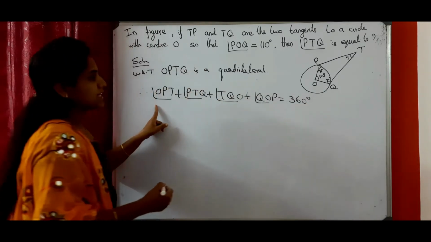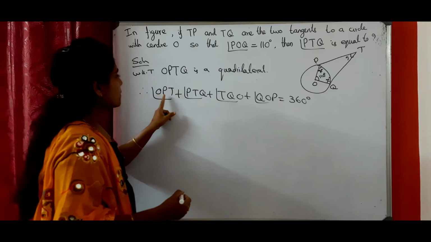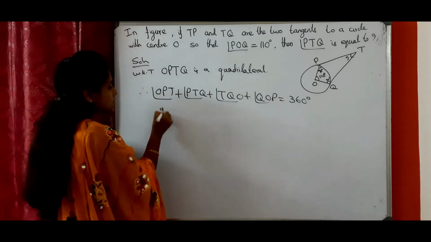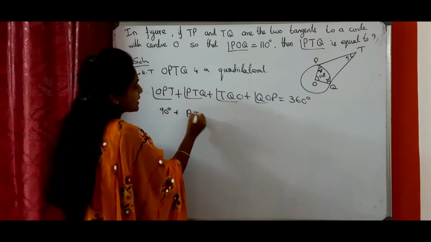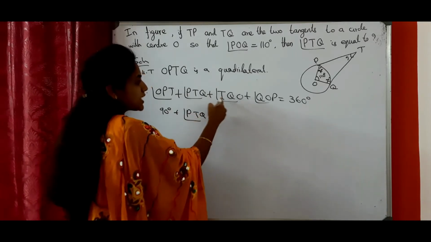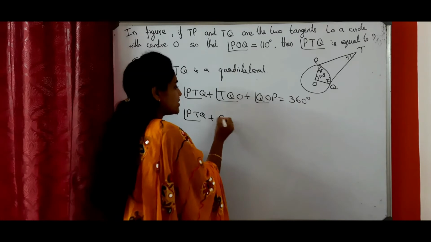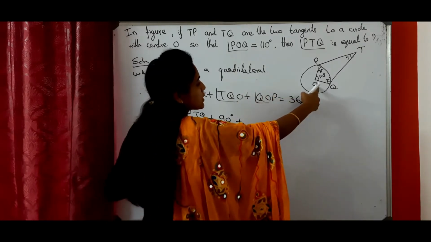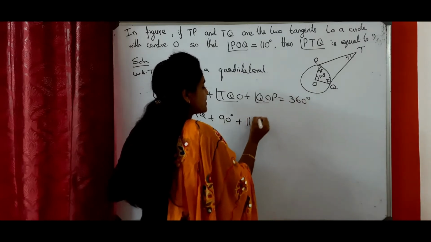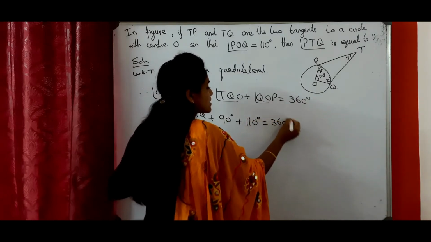Now we can apply the values. Angle OPT equals 90 degrees, and PTQ we need to find. PTQ we don't know. TQO is also 90 degrees. And QOP, which the question has given, is 110 degrees, which is equal to 360 degrees in total.